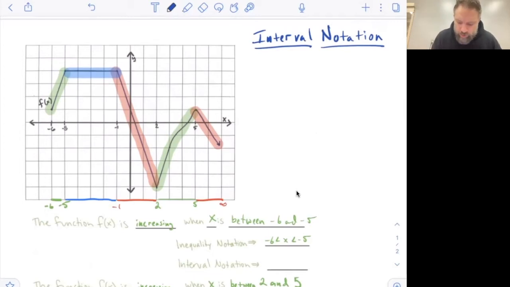If I want to say that something's between A and B, first of all, I can use what we call the square brackets.